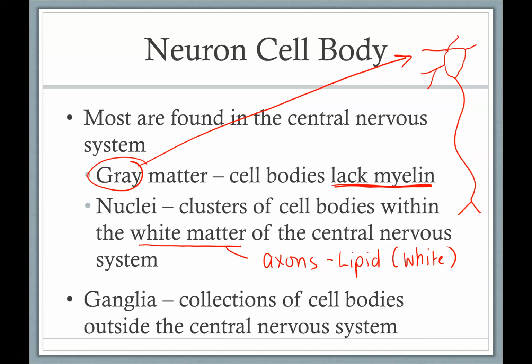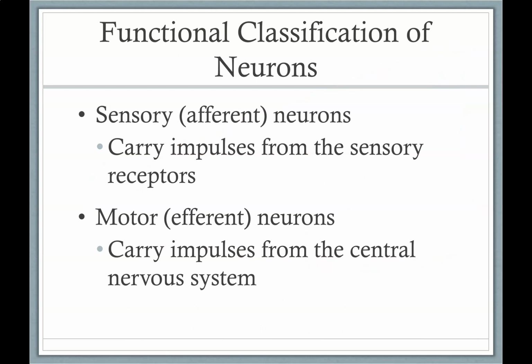And then a ganglia will be a collection of cell bodies that is outside of the central nervous system. Most of the cell bodies are in the central nervous system, brain and spinal cord. Now, we talked about this already, so I didn't ask a question on it on the review. But once again, let's say that's the receptor. The signal that goes in is your sensory.